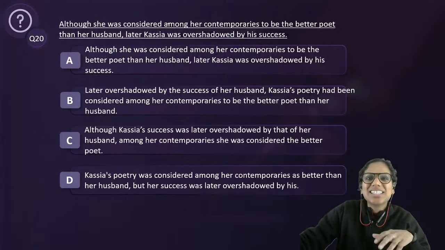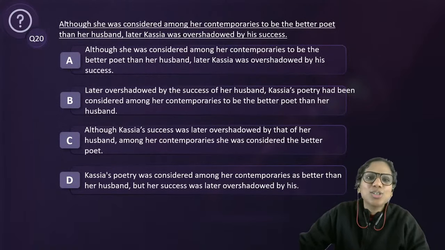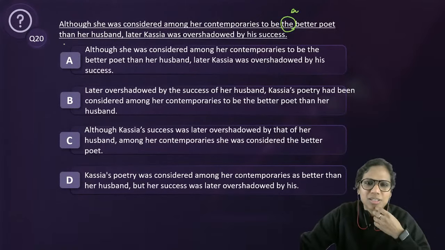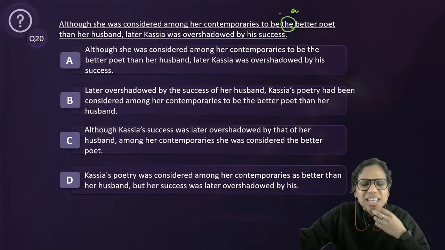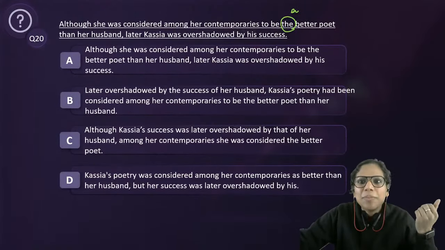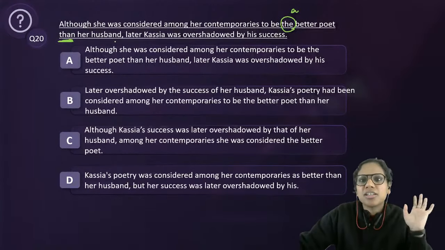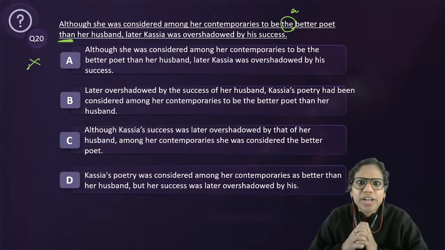Although she was considered among her contemporaries to be the better poet than her husband. To be the better poet than her husband or to be a better poet than her husband? Oh, makes more sense, yes. So when I'm comparing and immediately using than afterwards, a better poet than her husband is what fits, right? Not the, right?